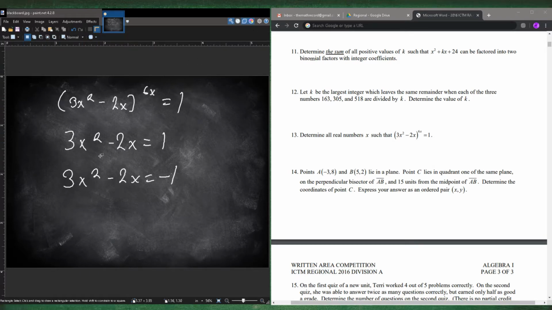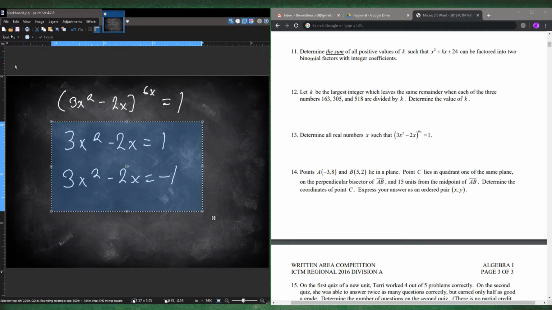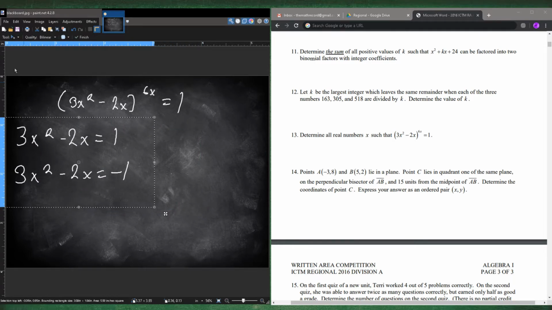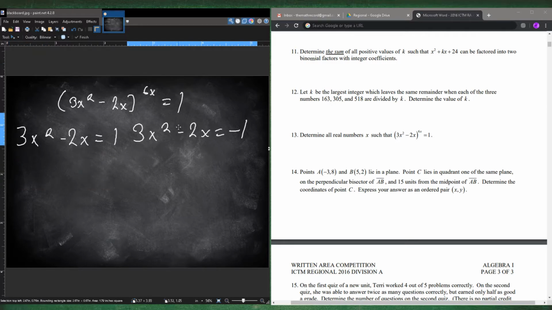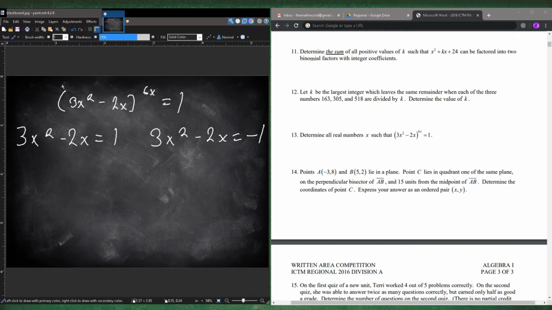So let's move this over here. Now move this one to this side. Then we could do each individual case by itself. So when it's equal to 1, 3x squared minus 2x minus 1 is equal to 0.